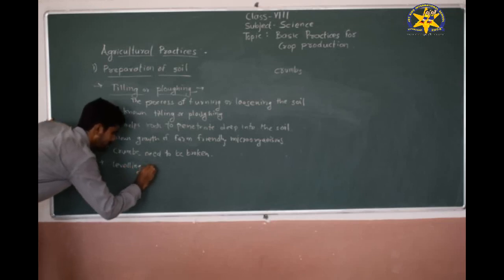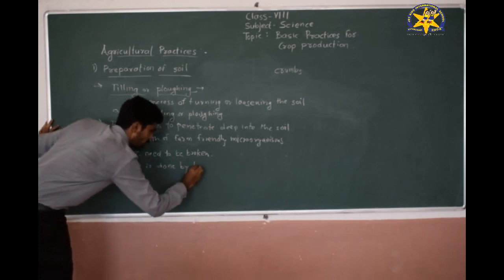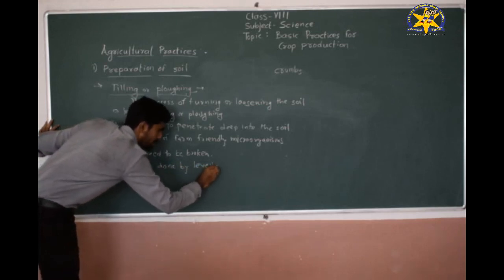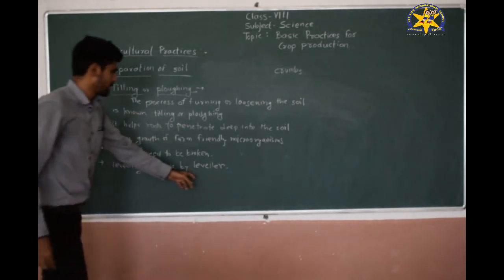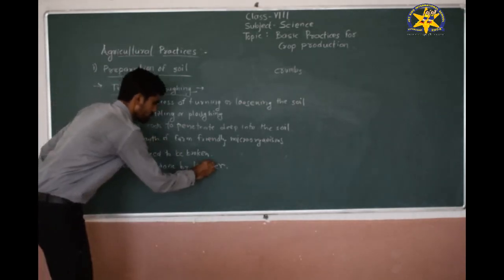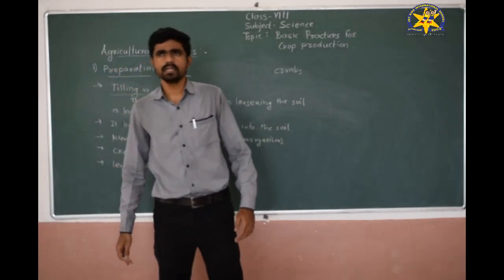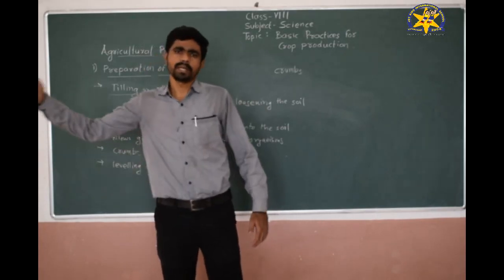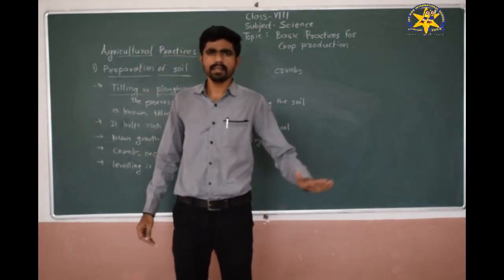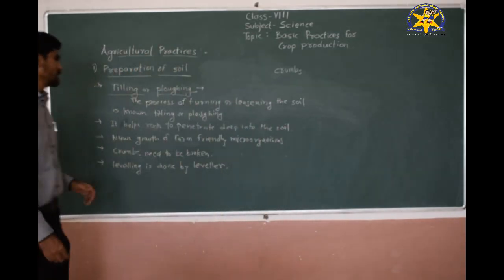Leveling is done by an instrument known as a leveler. A leveler is a rod-like structure which will be spread over the soil so that it can level the soil properly. Leveling the soil is also necessary.